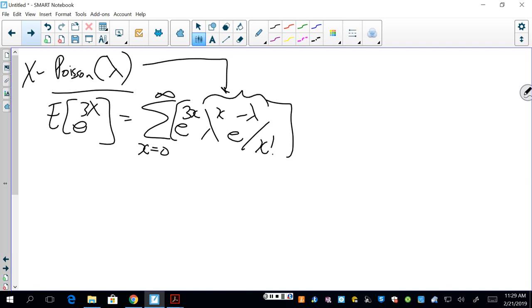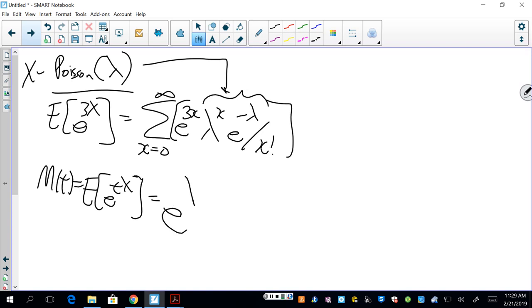Can we simplify that? Well, the moment generating function is the expectation of e to the tx, where t is kind of a placeholder. When we take the derivatives, we set t equal to 0, but you could let t equal anything else you want in there. And so we know that this expectation of e to the tx is e to the lambda times e to the t minus 1.